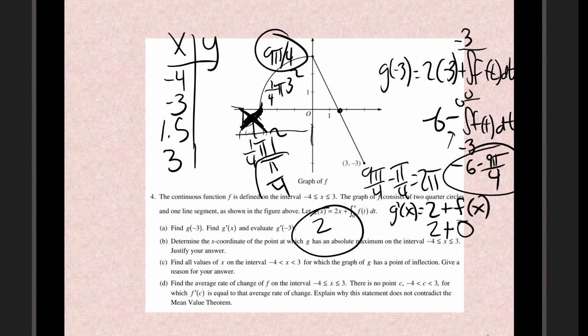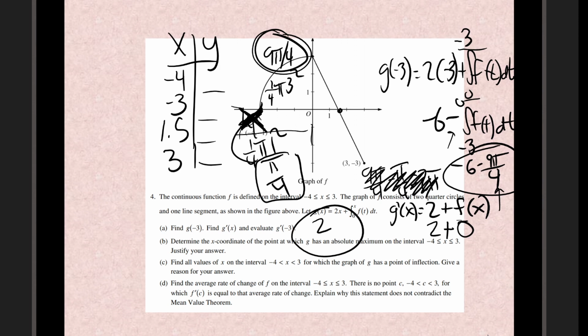Pi over 4 is the area of this little thing, which is going to matter for my absolute min and max, which I'm in the process of calculating here, but did not matter for part A, where I found g of -3. So I apologize about that. That was a goof. All that mattered was this 9 pi over 4, because we were going back over that positive area, so we started at a lower value, which is why this is negative.